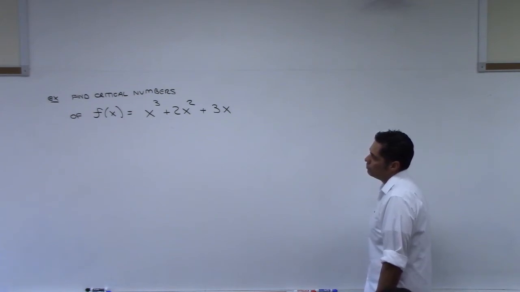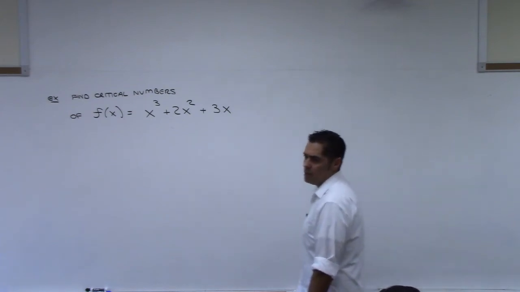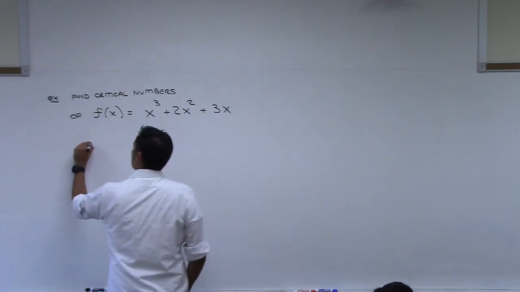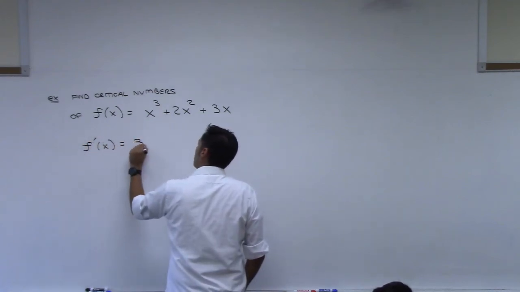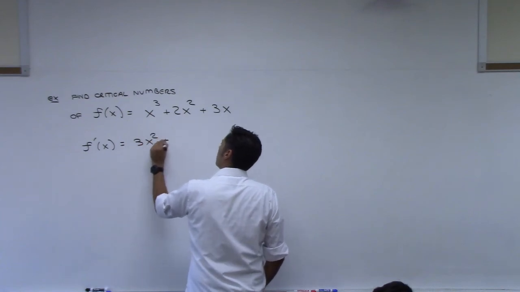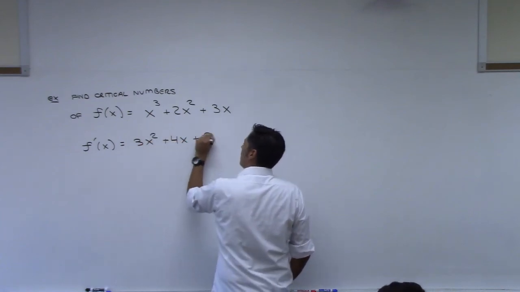Okay, first thing we do, find the derivative. So we find the derivative and we get 3x squared plus 4x plus 3.